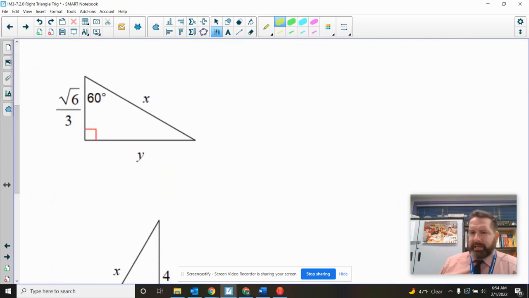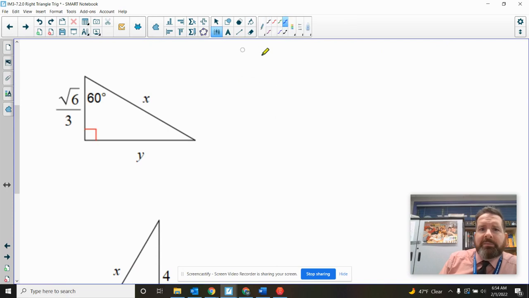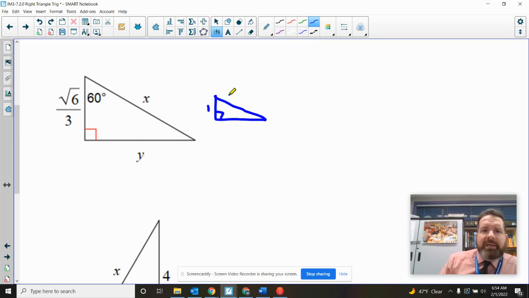Okay, let's go again. Using this same procedure, we're going to set up a similar right triangle. So a 30, 60, 90, oriented the same way. My side ratios are 1, 2, and square root of 3. We can now use the similarity between these two shapes to set up some proportions. So let's do x first. x compared to 2, right?